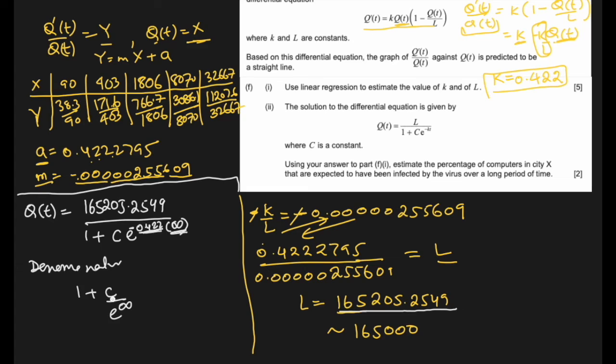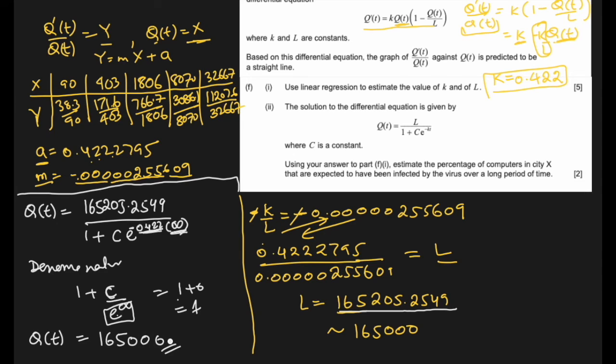Because it's in the denominator, e to the power infinity is a very big number. C divided by a very big number, no matter what C is, will be almost 0, right? So it becomes 1 plus 0, or 1. The denominator is 1. That means the number of computers that will get infected will be 165,000, which was the value of L.